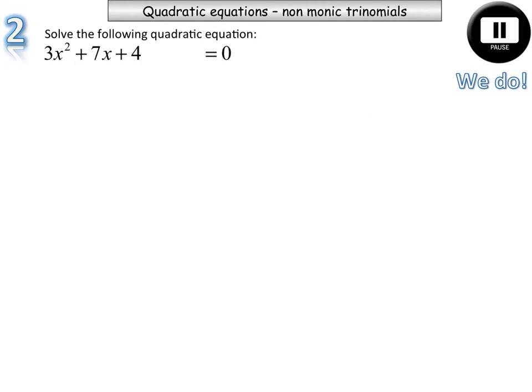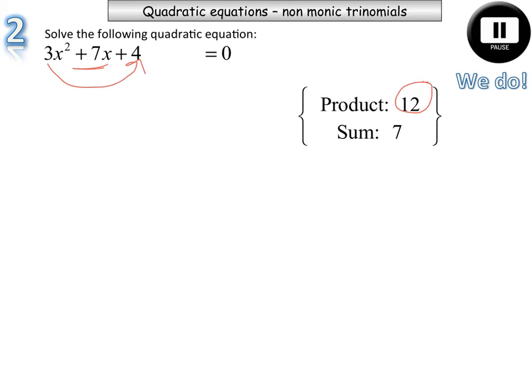Okay, follow that same process, pause the video and see how you go with this quadratic. Okay, so the 3 times the 4 is a positive 12, there's a positive 12, and there's my middle term, which is my sum.